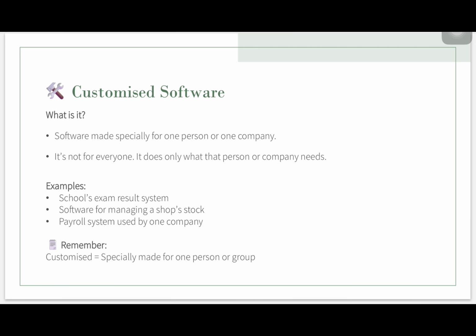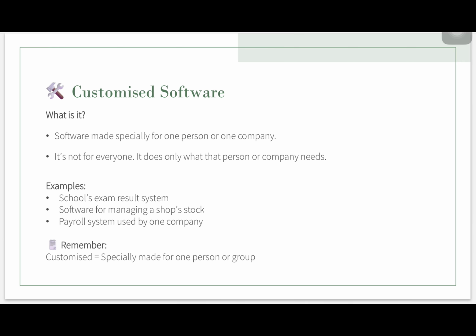Same like that in customized software also, for whatever requirement I am using that application, I will specify only that much requirement. Understood? Second, the best example I can give you is a bank. Every bank has its own application, correct? For example, the SBI application is only used by SBI customers.